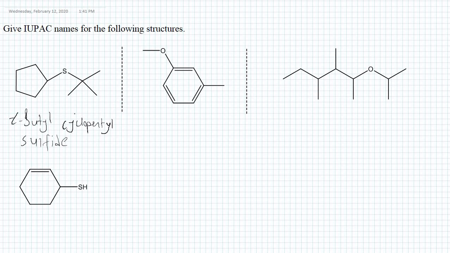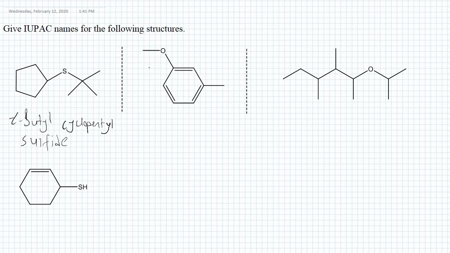That's the first naming. Let's look at the second molecule. The second molecule is an ether basically. We have an alkyl group, oxygen, and another alkyl group, which is like methyl phenyl. Basically, let's name it in two ways.